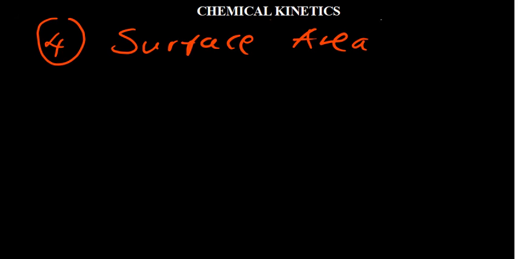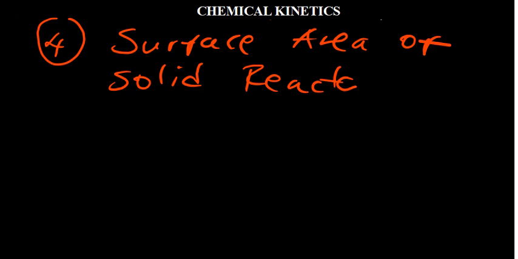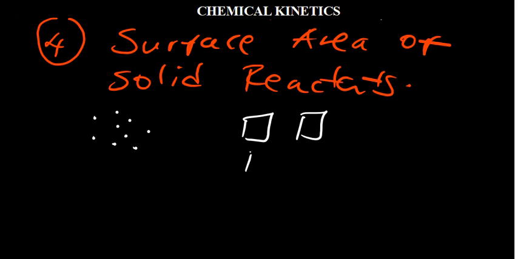Number 4, the surface area of solid reactants. So the solid reactants with a greater surface area are expected to react more. So when you have something small, and when you have something bigger, which one is easier to dissolve?